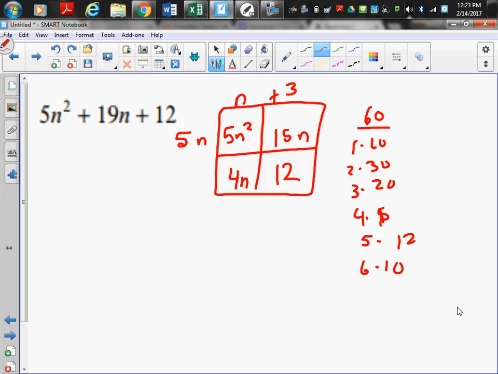And an n. 4 and 12 has a 4. How do you know when that's a plus sign? Because these are both plus. So this one is 5n plus 4, n plus 3.